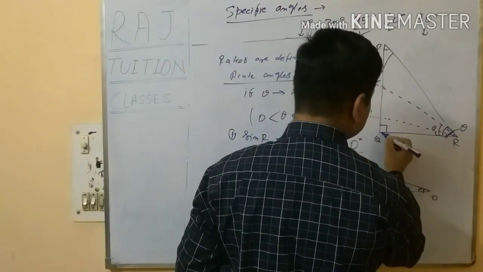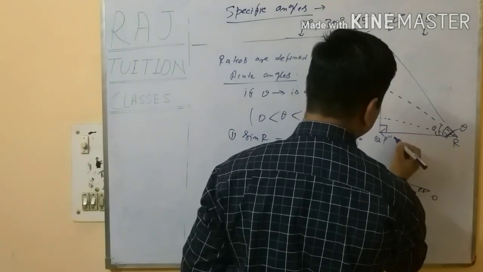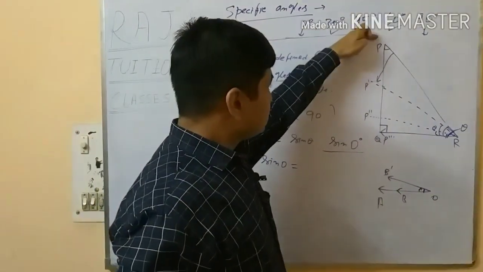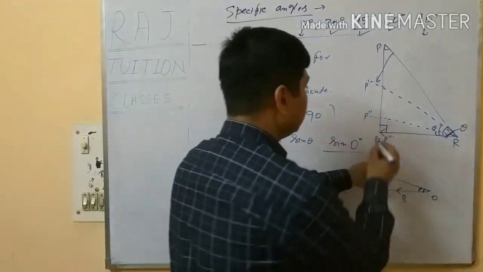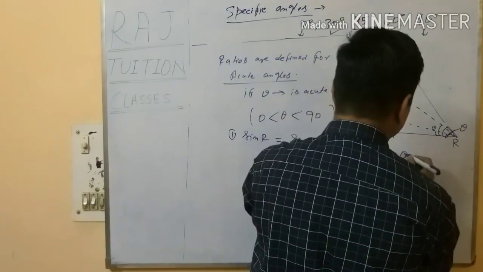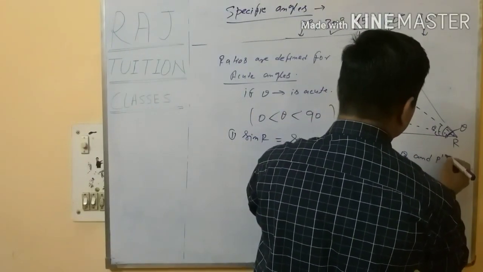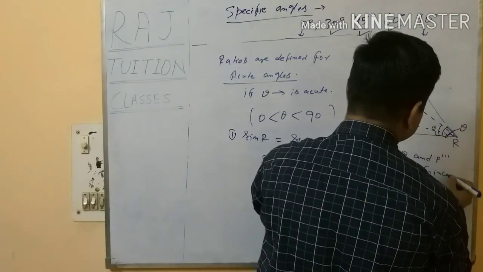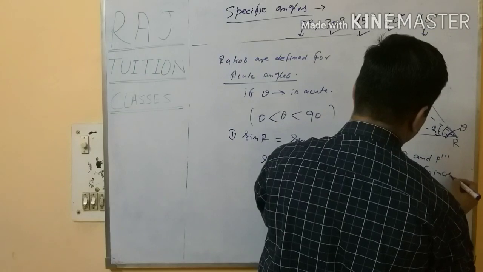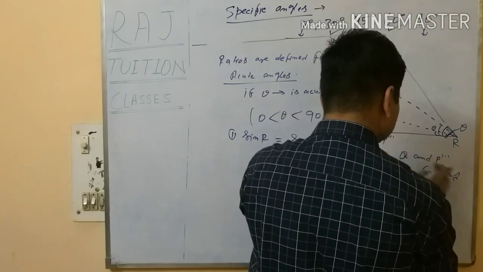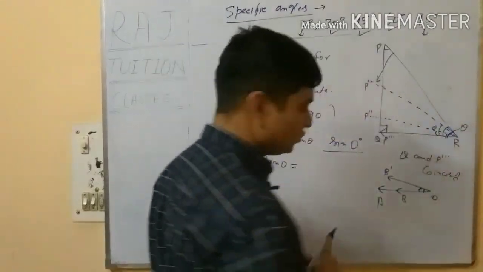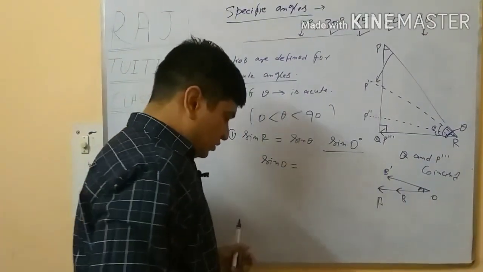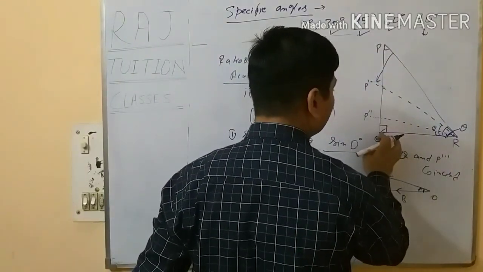So if P overlaps Q, P triple dash, P was the initial position, P dash is the next position, P double dash and P triple dash and Q are now coinciding. If they are coinciding with each other, that means QR equals PR, because the P point is now over the Q point.